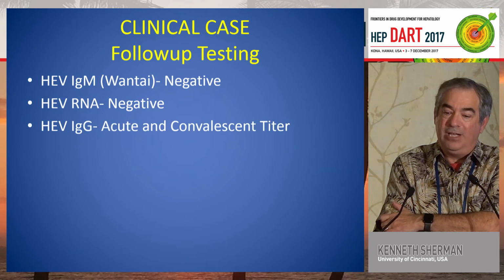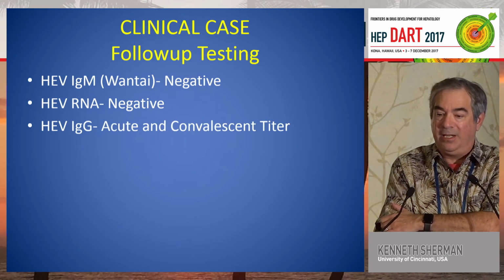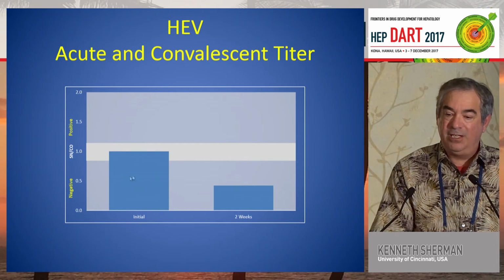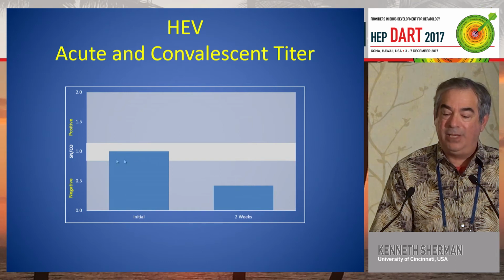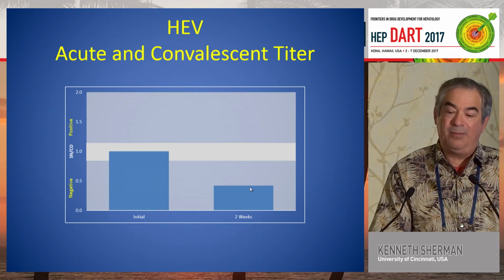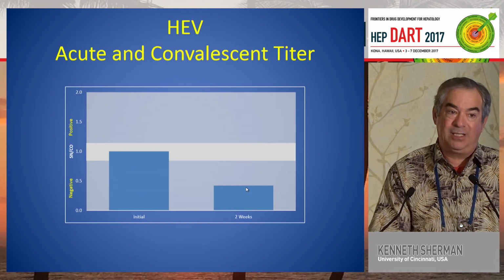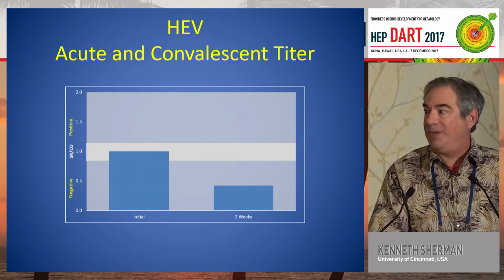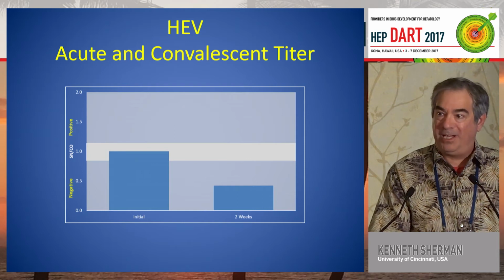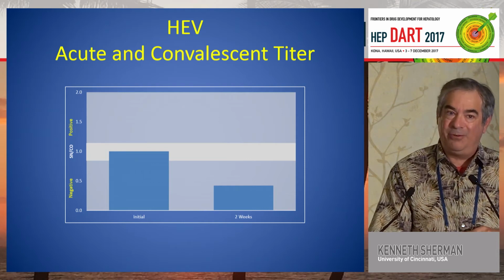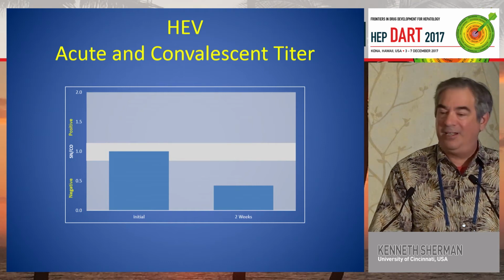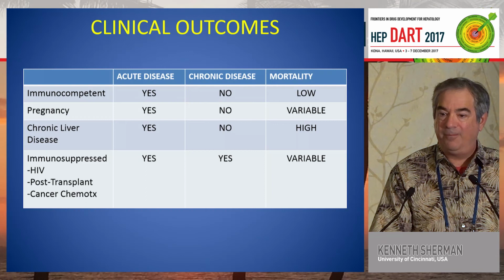We looked for HEV antibodies and collected both acute and convalescent titers, and that is shown here. This was the initial sample, which was positive in the intermediate zone, but over time, clearly negative in the sample 2 weeks later. So this is a patient that by 3 different measures we call a false positive, and you could see how easily we could have been misled based upon the clinical presentation and the initial lab result.